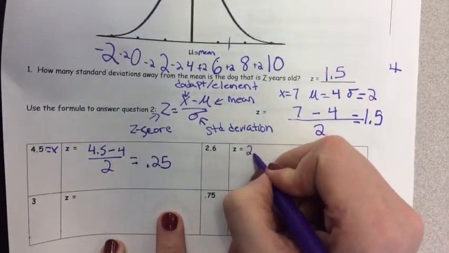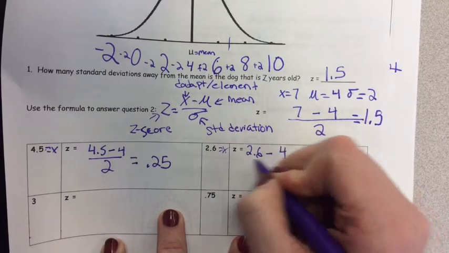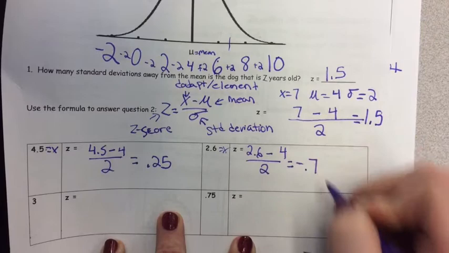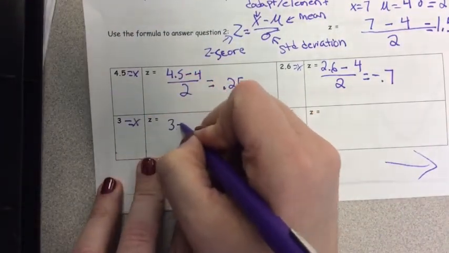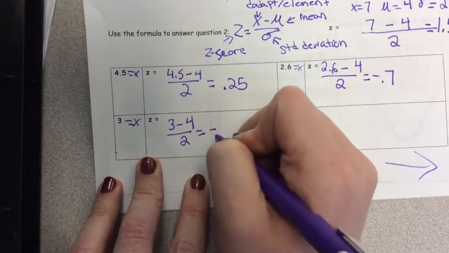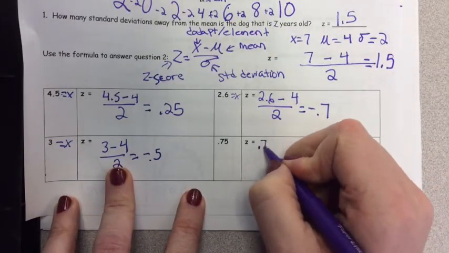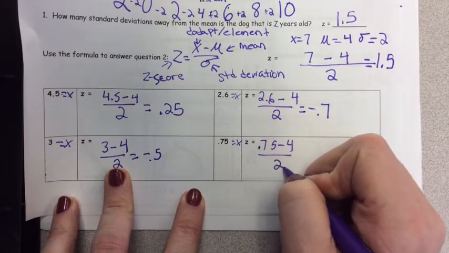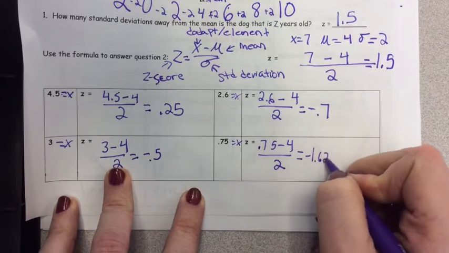Same thing over here. Plug in whatever my x is, minus your mean, divided by standard deviation. This gave me negative 0.7. Same thing down here. Plug in 3, your mean, your standard deviation, and that gives you negative 0.5. Over here, plug in your x, minus your mean, divided by standard deviation, and that gave me negative 1.625.